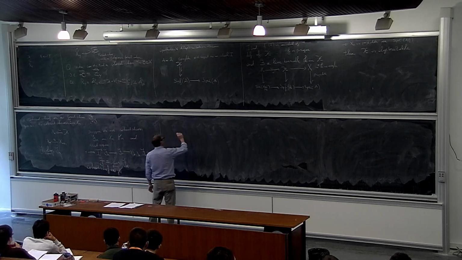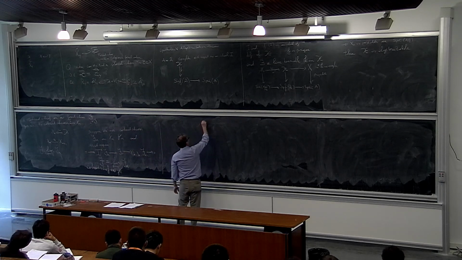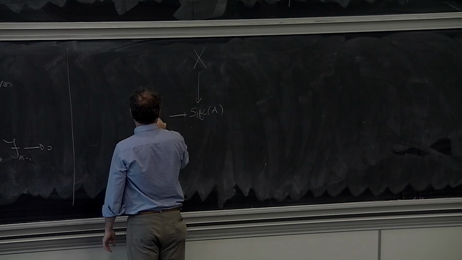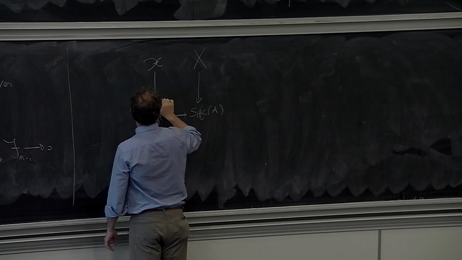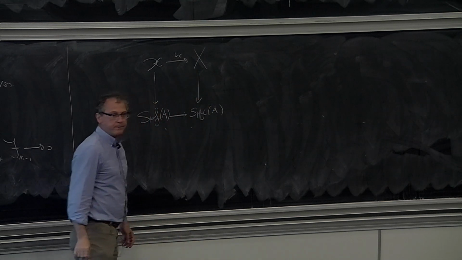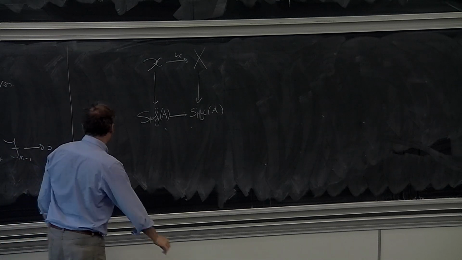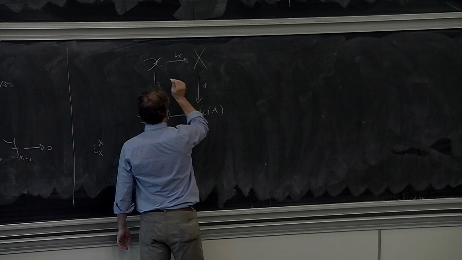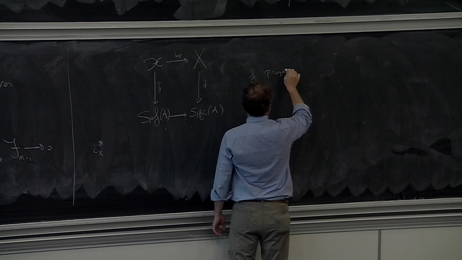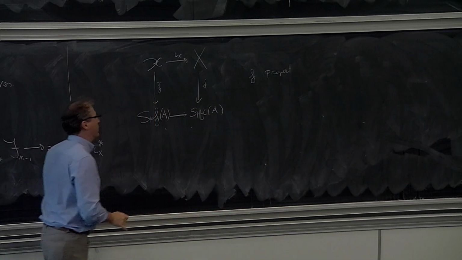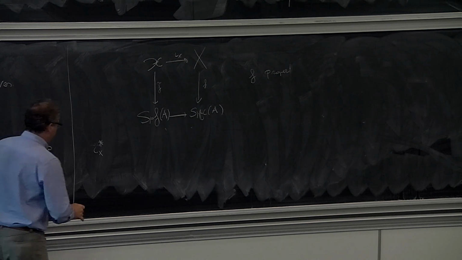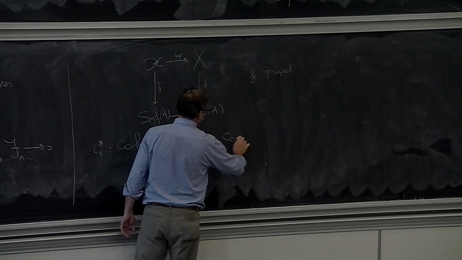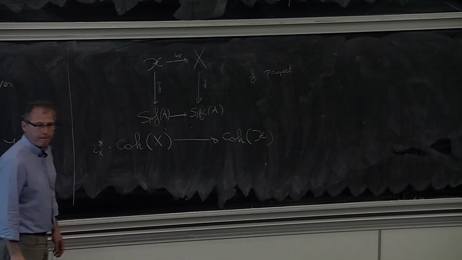Grothendieck starts from the situation where you have X over Spec A, and the formal completion of X, and here you have a map Ix, and you suppose that it is proper. This is where Grothendieck proved the theorem, which is quite hard. And you have this functor from coherent sheaves of X to coherent sheaves of curly X.